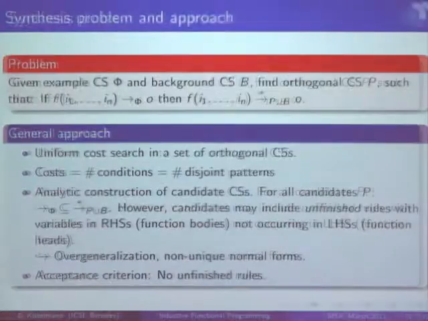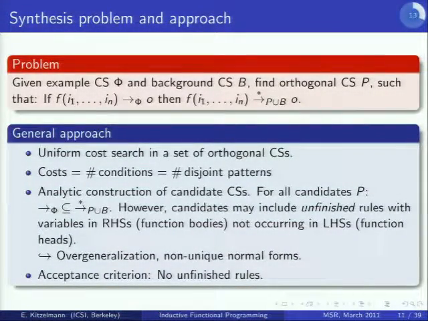So we may have some candidates that do not represent functions. Those candidates are not acceptable as solutions, and if we choose such a candidate, then it must be refined. Yeah, and the acceptance criterion is just that a candidate has no such open variables, and then it correctly computes the examples and is a solution to the problem.